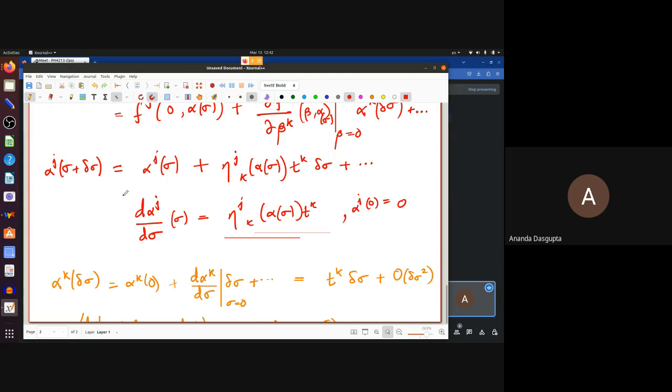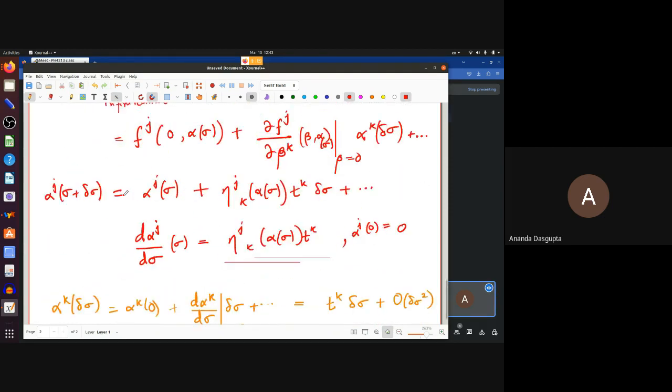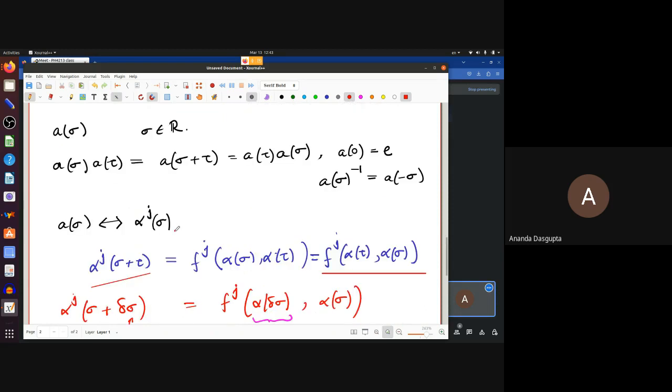The question is, if I manage to solve them, will the resulting alpha j sigmas give me a one parameter subgroup? You understand the import of the question? If we had a one parameter subgroup, we know that this differential equation has to follow from that. That's what we proved right now. The question is, if I have a solution to this bunch of equations, does it necessarily give me this or this?